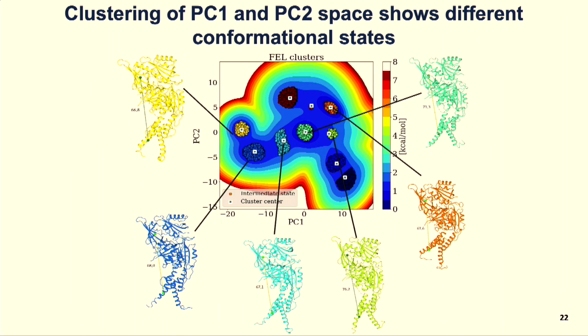And what you can also see is that the distance between the two domains, the motion which was happening, is different at these different locations. It can go as low as 61.6 angstrom here to as large as 76.2. So there's almost a motion of 14 to 15 angstrom which happens in this particular case.